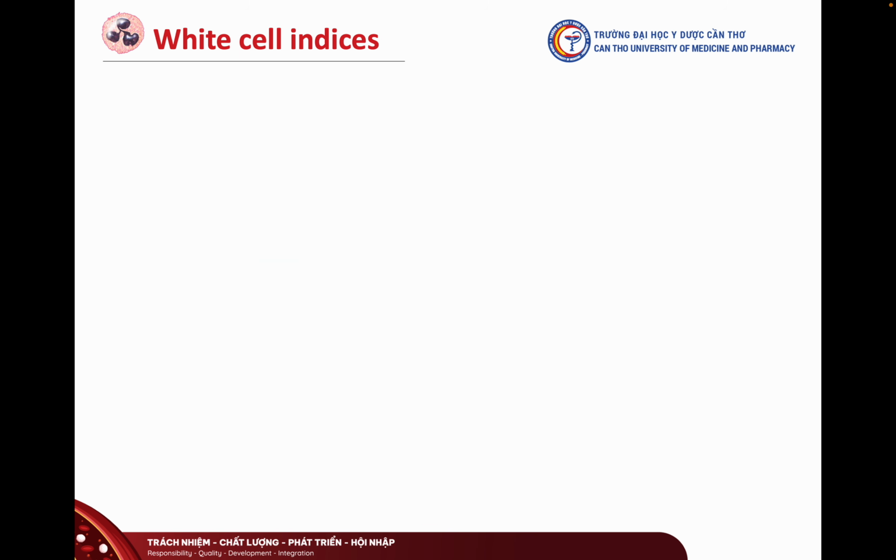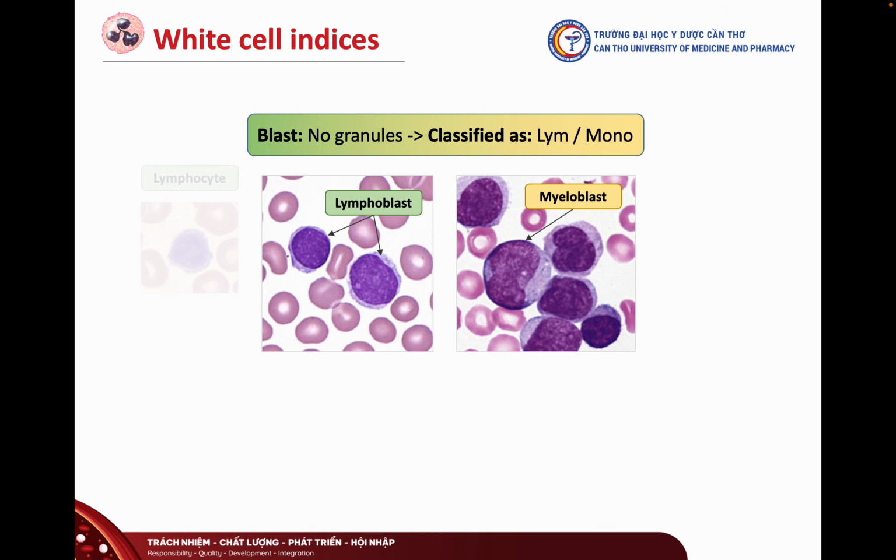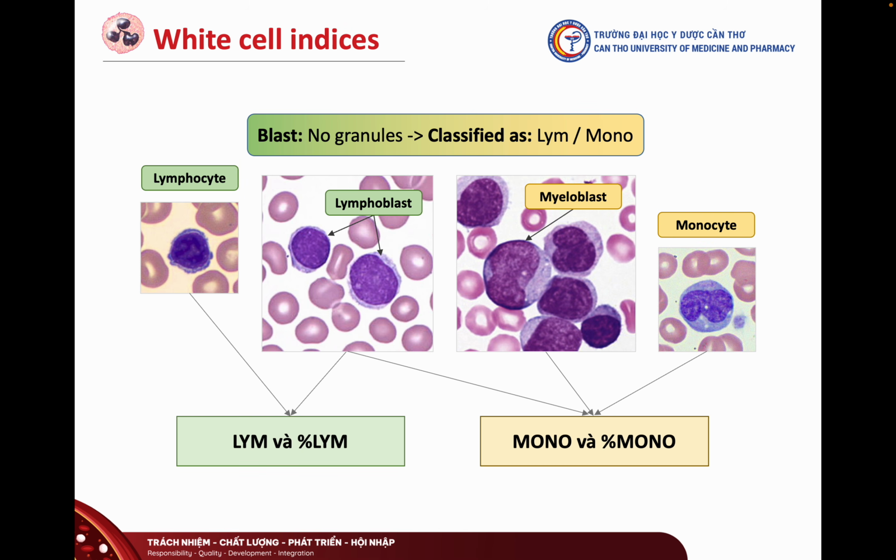Here we have an important slide to help us recognize and think critically about abnormal cells, particularly blast cells. Take a look at the images. We are comparing the normal lymphocytes and monocytes, as well as the lymphoblasts and the myeloblasts. Blasts are immature precursor cells, and one of their key morphological features is the lack of cytoplasmic granules.